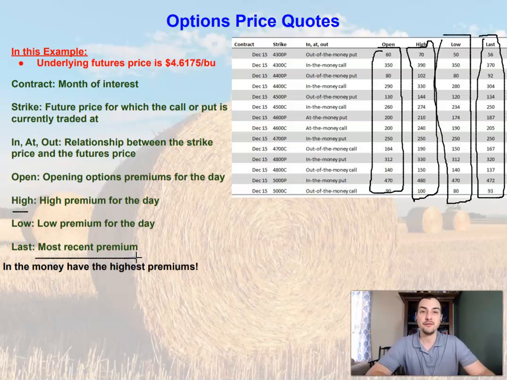But unlike the futures, where the opening, high, and low were all dealing with the price of that futures contract, here we're dealing with the premiums, the price of the premiums. And of course, those that are in the money are going to have the highest premiums. Out of the money is going to have the lowest premiums. And at the money is going to have that middle of the road premiums.